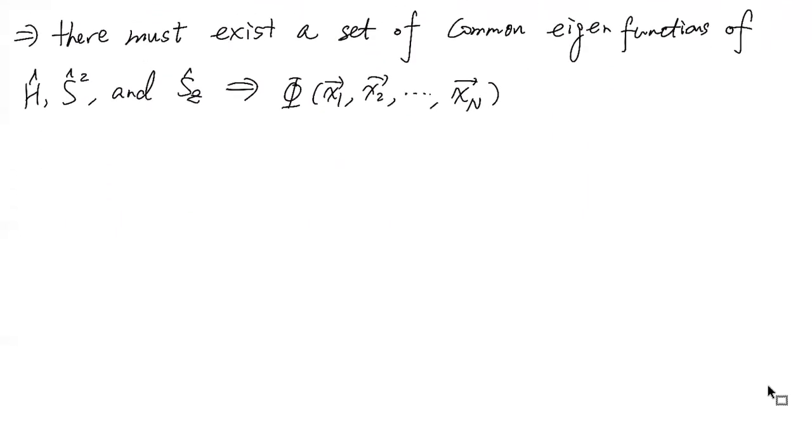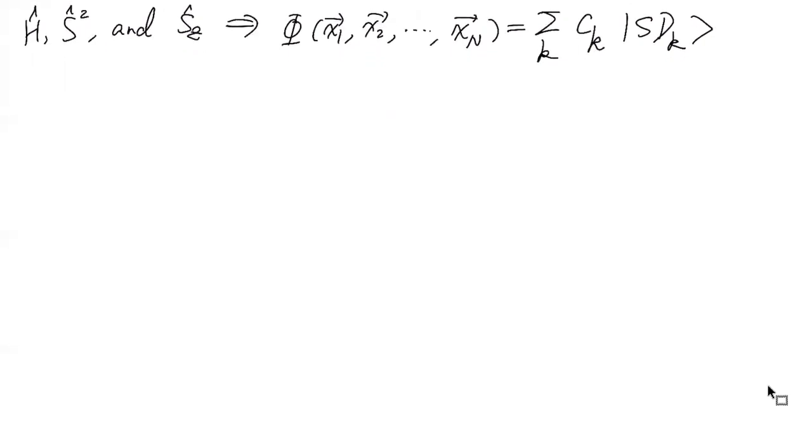So, in general, this set of common eigenfunctions, which are eigenfunctions of spin, is going to be a linear combination of Slater determinants, and each Slater determinant with index k corresponds to a particular arrangement of the electronic configuration. This is the so-called spin adapted configuration.